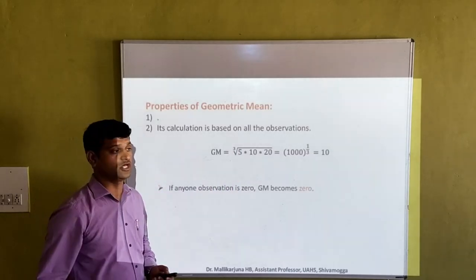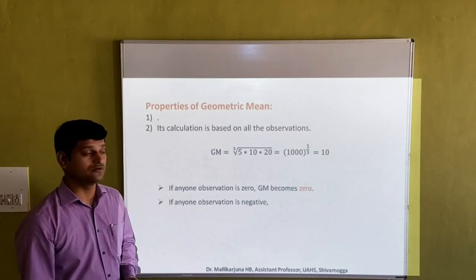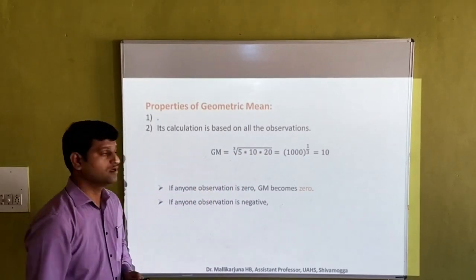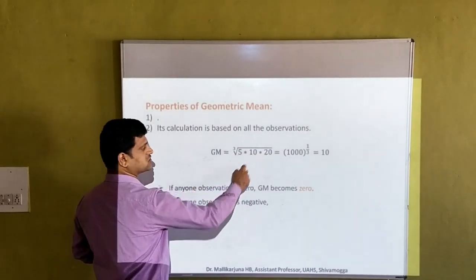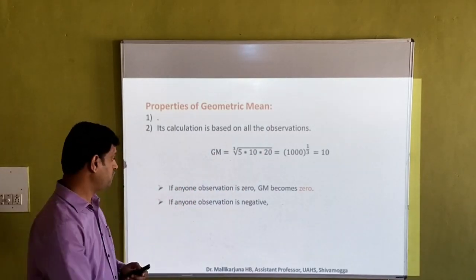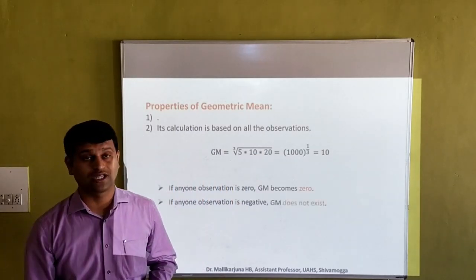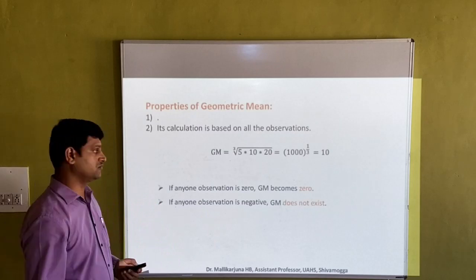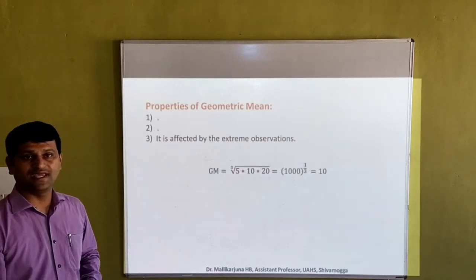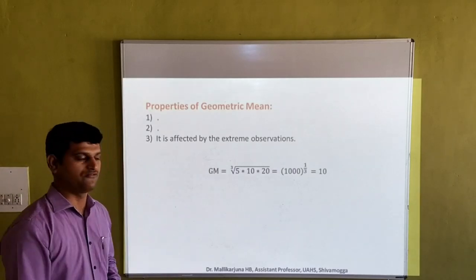If any one observation is negative, for instance instead of plus 20 if I take minus 20, with plus 5, plus 10, and find the geometric mean, then the geometric mean does not exist. You can try. Come to the third property: it is affected by extreme observations. Of course, it is based on all the observations, so it will automatically be affected.